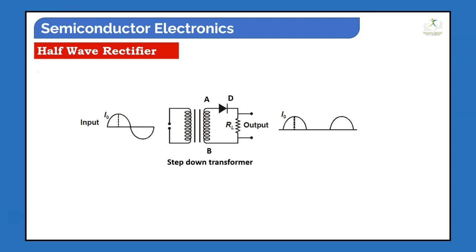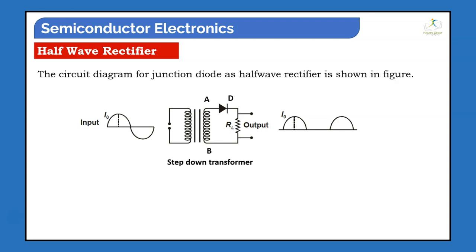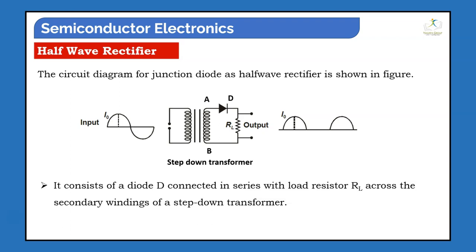So this is called a step down transformer. What happens actually? The circuit diagram for the junction diode as a half wave rectifier is shown in the figure. It consists of diode D connected in series combination, students, this point is important, with the load resistance RL.